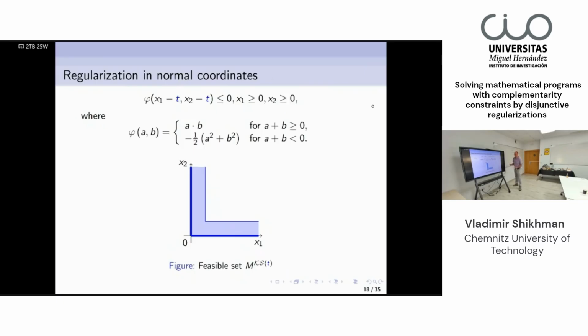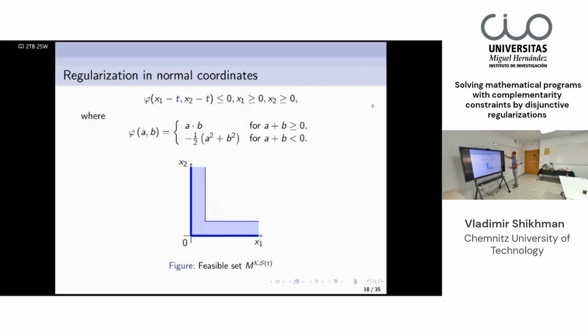And then you say, okay, if you put this one instead of a and b here, you have x1 minus t, x2 minus t. You look at how the function is defined. Here you have x1 minus t plus x2 minus t, so it's x1 plus x2 minus 2t.